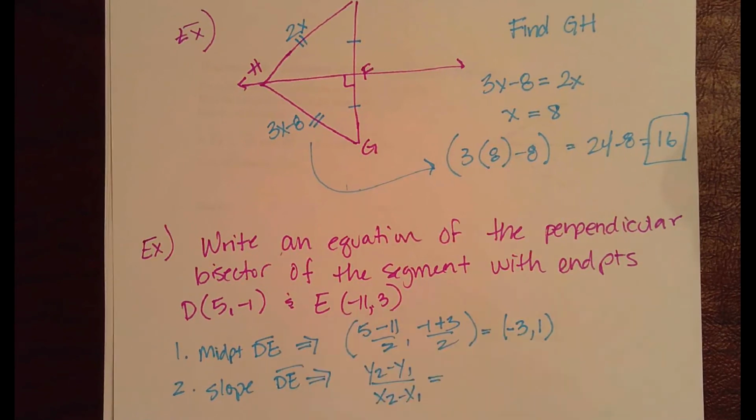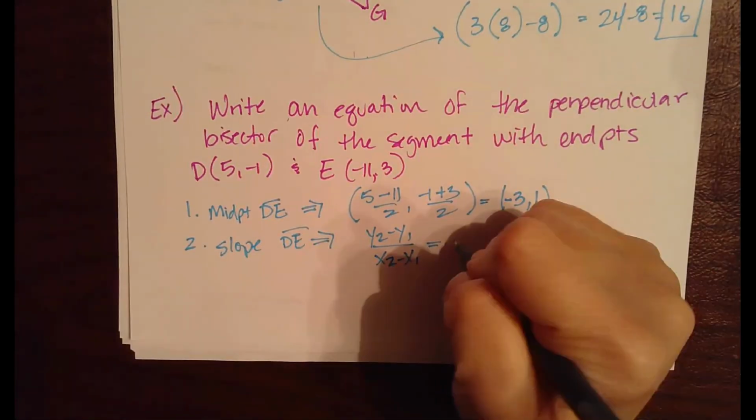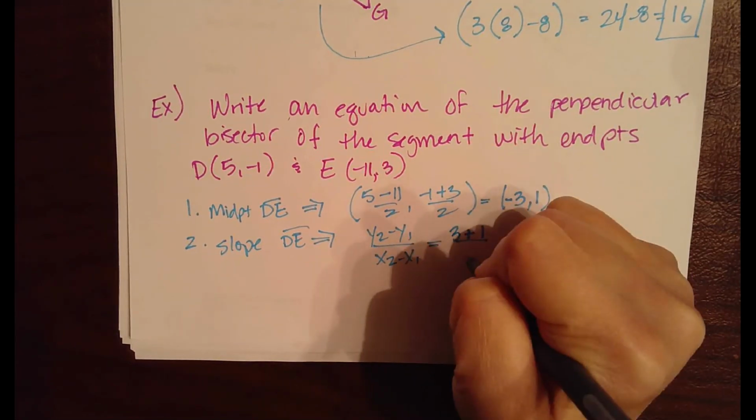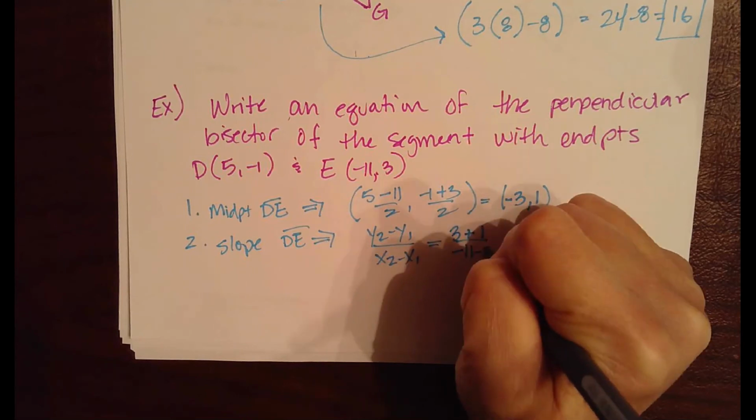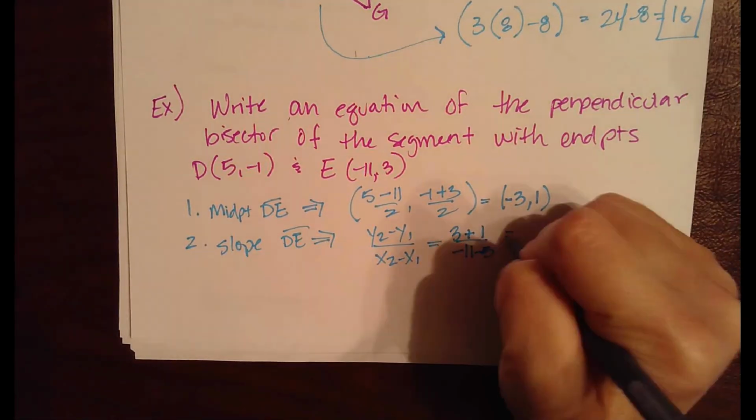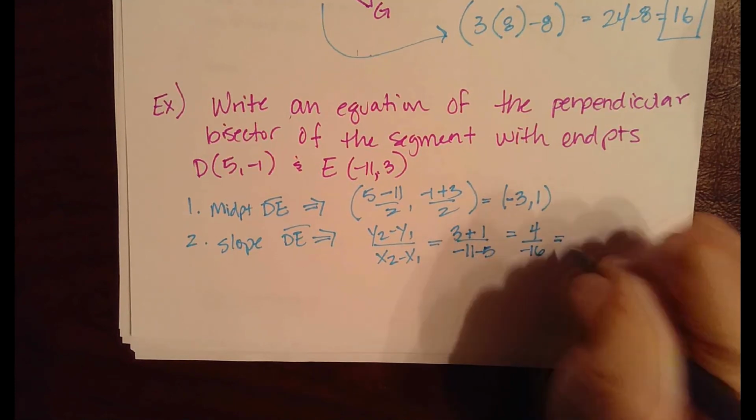That's your equation for slope. And so I'm going to get 3 minus a -1, which is 3 plus 1, over -11 minus 5. I get 4 over -16, or -1/4.